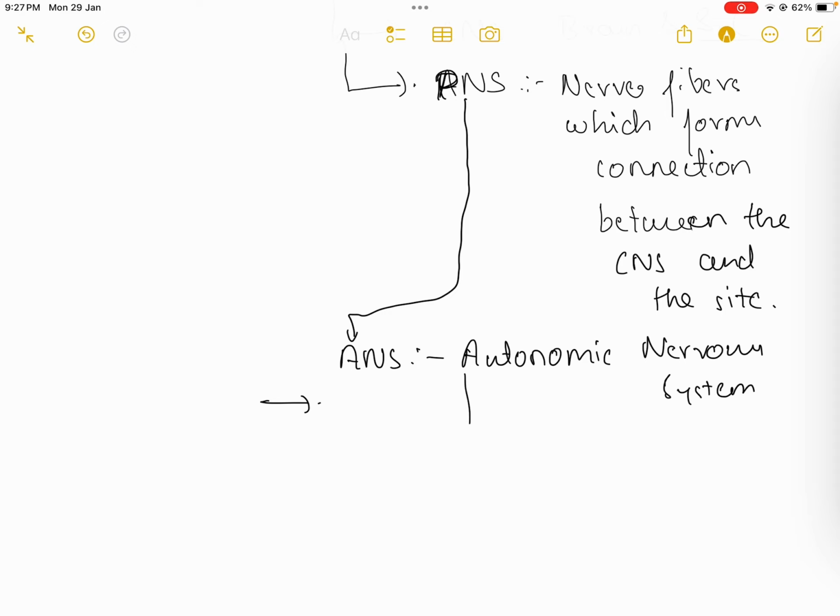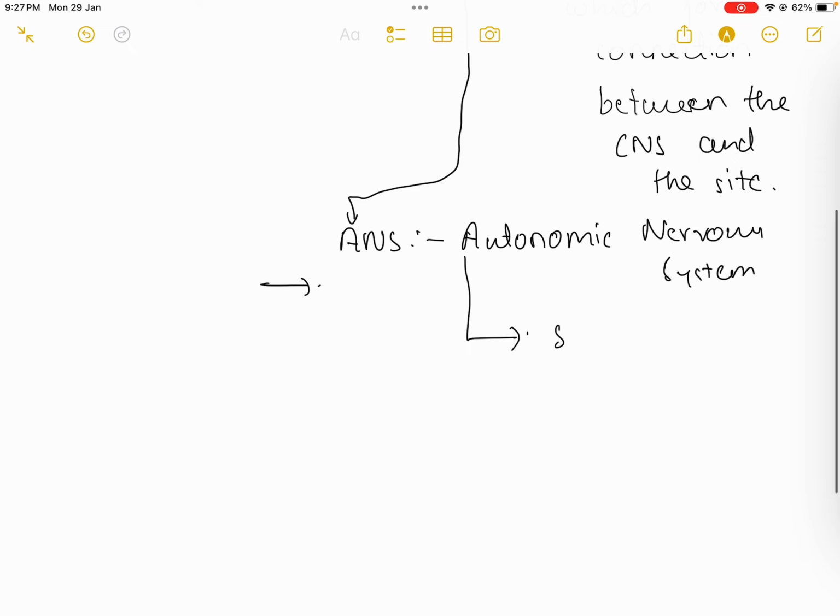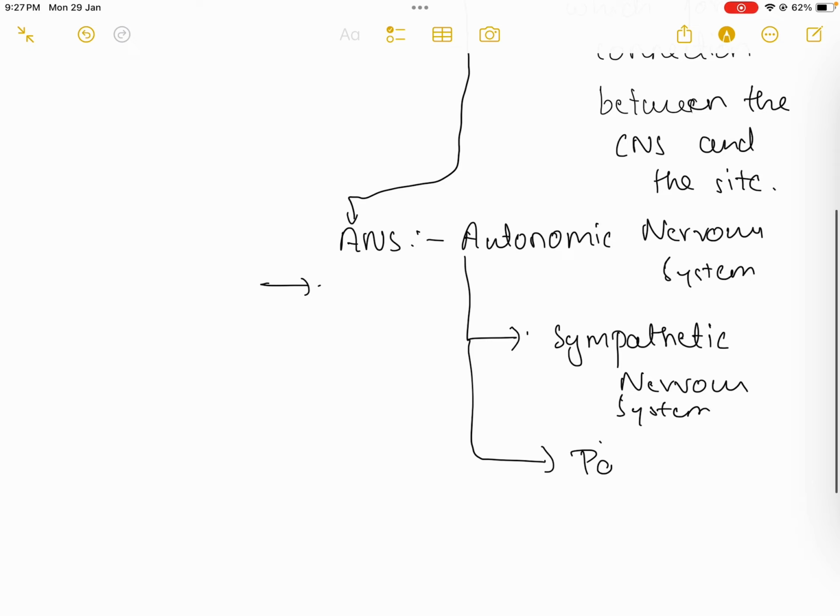Again, the autonomic nervous system is divided into two parts. One is the sympathetic nervous system, and another one is the parasympathetic nervous system.